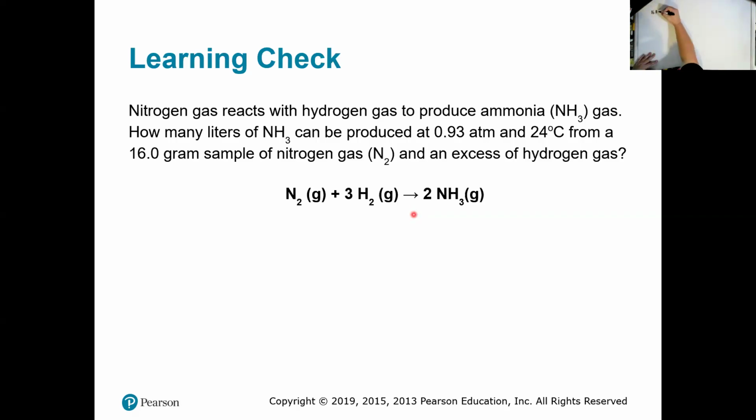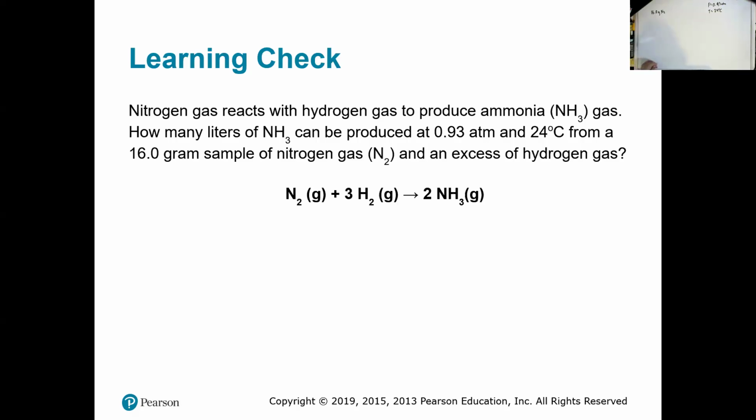So when we're given a mass value, we want to use it to find the moles of whatever it is we're looking at. So we have 16 grams of nitrogen gas, and our pressure is 0.93 atmosphere, and our temperature is 24 degrees Celsius.